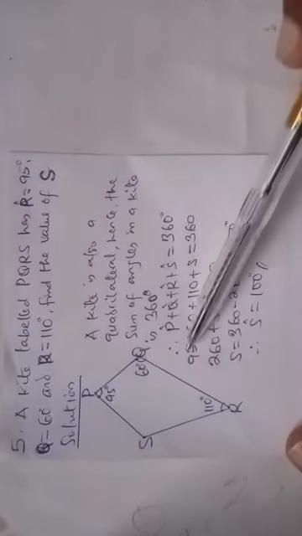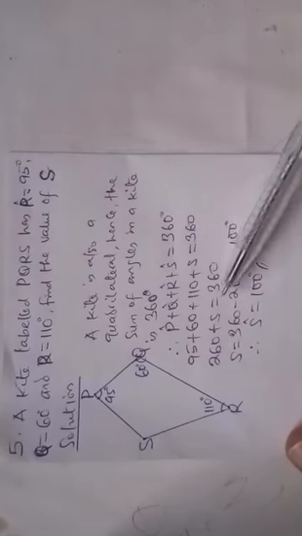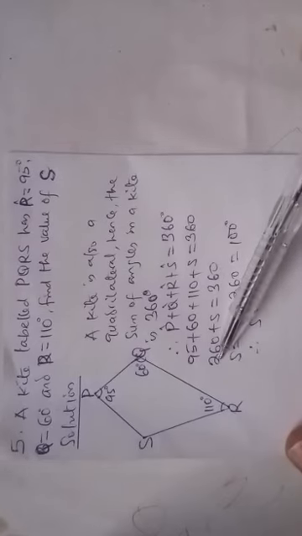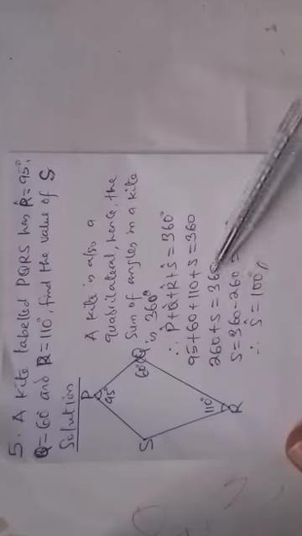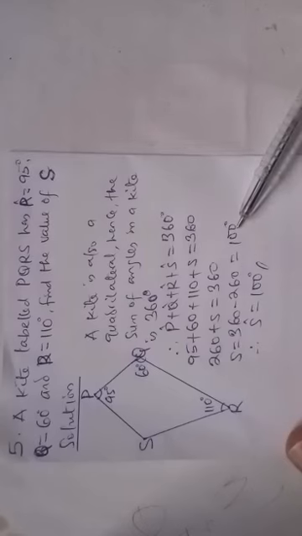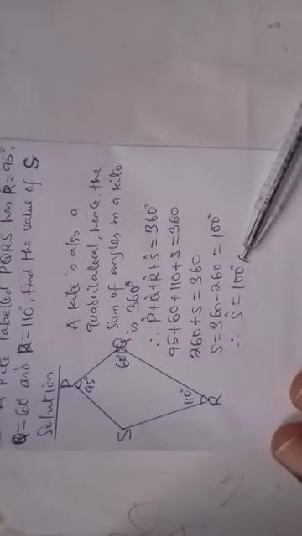Once I sum these, I'll get 265, then plus S is equal to 360 degrees. Now to get my x, this one goes over to this side. I'm going to have x equal to 360 minus 265, and that gives me 100. Therefore, my S is equal to 100 degrees.